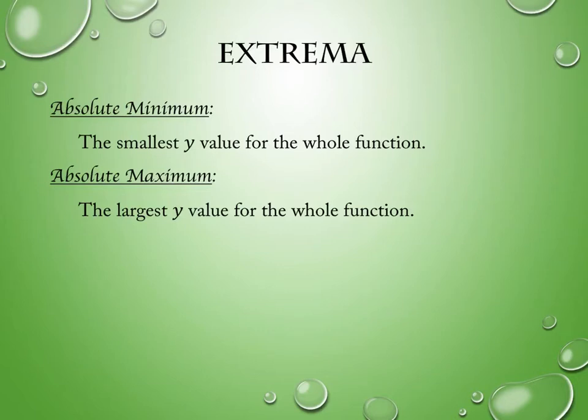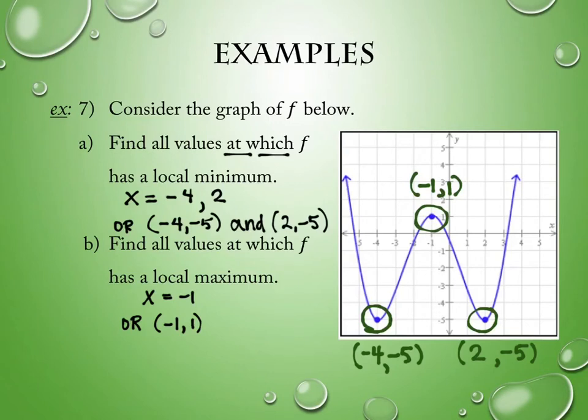So just going back real quick to the previous slide, if I were looking at this particular graph, there is a relative minimum. There's two of them, right? And those two points are also absolute minimums. They're as low as you go. There's no further point down on the graph of this function. There's not. So those are also absolute minimums.